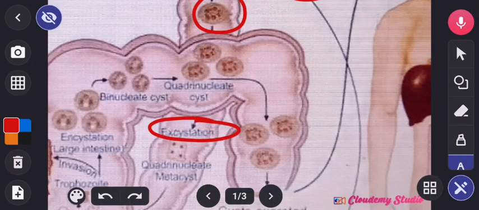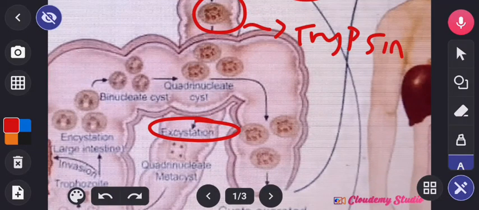When a cyst reaches the cecum or the lower part of the ileum, due to the alkaline medium, the cyst wall of this quadrinucleate cyst is damaged by trypsin.